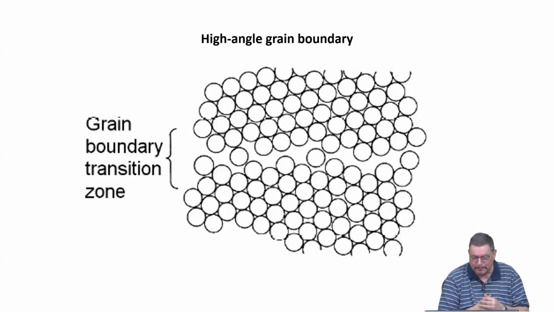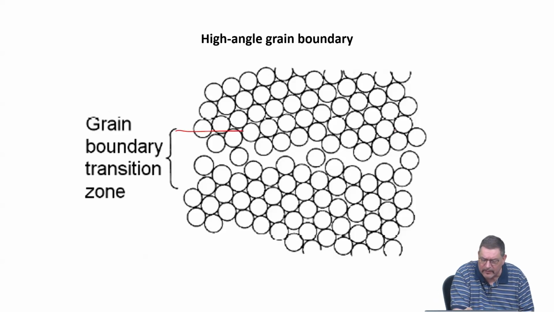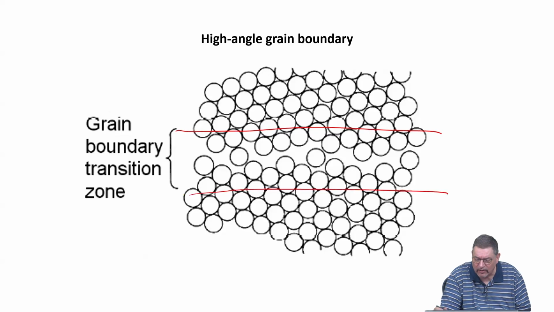And you see there is a grain boundary transition zone, because you could kind of see that in this region atomic positions are not, or a high fraction is not, corresponding to the original lattice positions.